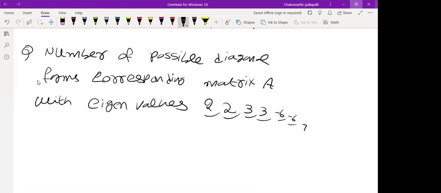Tell me how many eigenvalues. What is the order of the matrix? 7, because 7 eigenvalues are there.